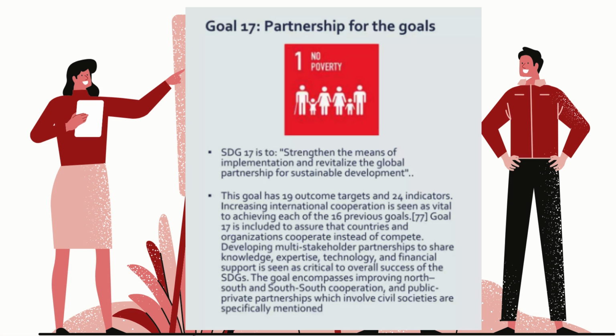Goal 17 is included to assure that countries and organizations cooperate instead of compete. Developing multi stakeholder partnerships to share knowledge, expertise, technology, and financial support is seen as critical to overall success of the SDGs. The goal encompasses improving North South and South South cooperation, and public private partnerships, which involve civil societies, are specifically mentioned.